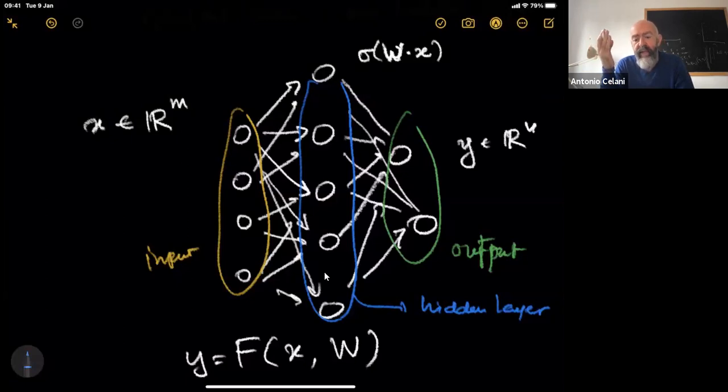So what you can do instead is to add more layers. If you have a structure which is composed by one input, one output, and several layers in the middle, which are connected in this one directional way, feed forward, then you have what is conventionally called a deep network, or shallow, depending on the number of hidden layers that you have.